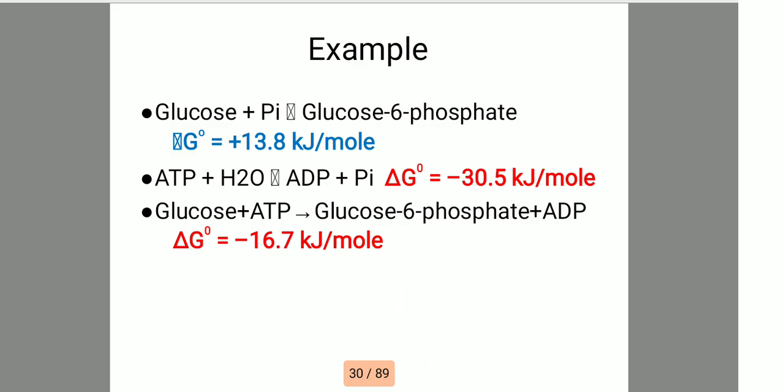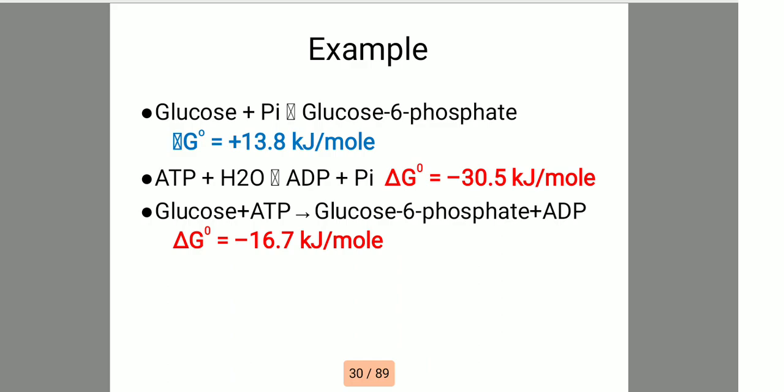For example, reaction 1 is glucose plus Pi gives glucose 6 phosphate. Reaction 2, ATP plus H2O gives ADP plus Pi. And reaction 3, glucose plus ATP gives glucose 6 phosphate plus ADP. Reaction 1 cannot proceed spontaneously, but reaction 2 is coupled in the body, so that reaction 1 becomes possible.